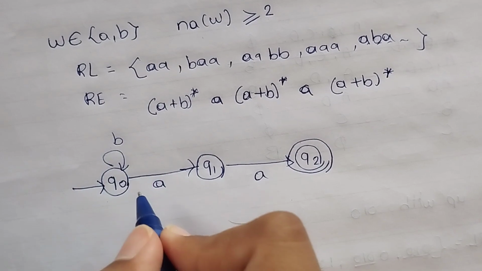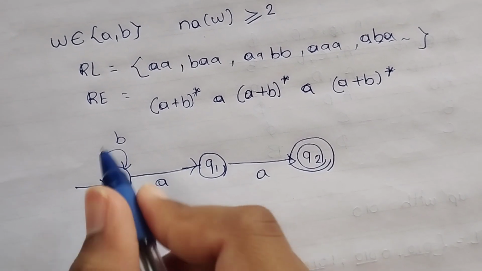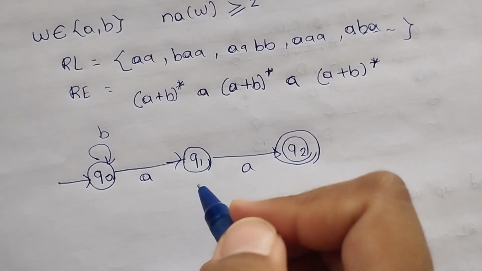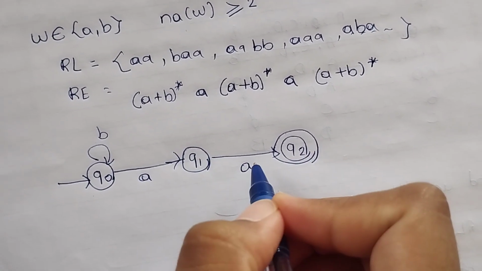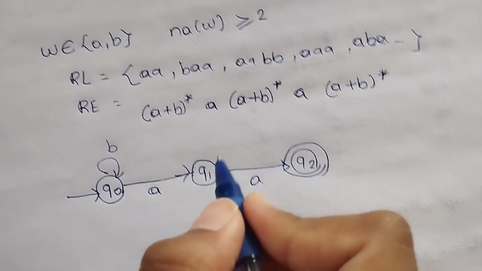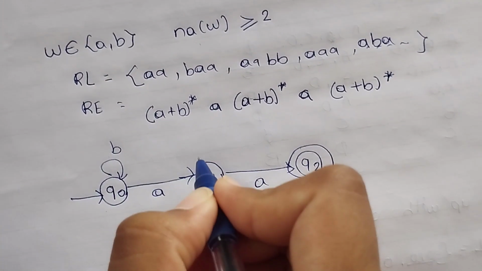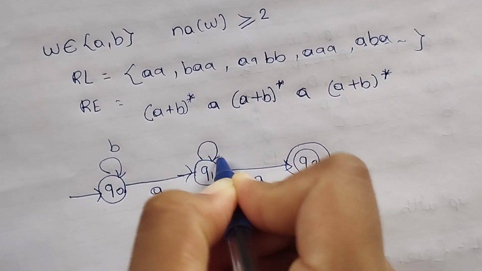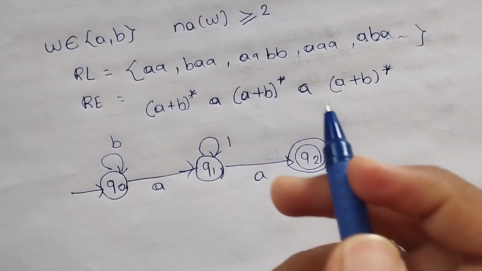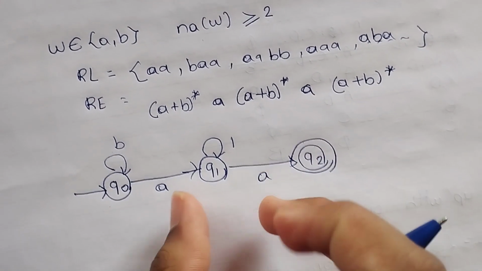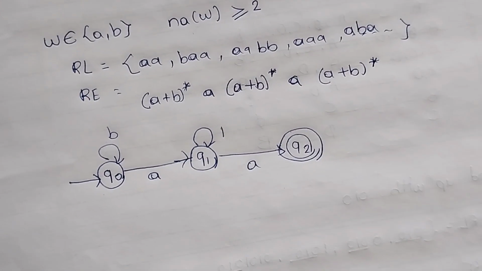Now A goes from Q0 to Q1, and B stays at Q0. Now we visit the next state. A is already transferred, so we think about B. B also transfers to Q1 itself, because as I said, any number of A and B can come in the middle of the string.